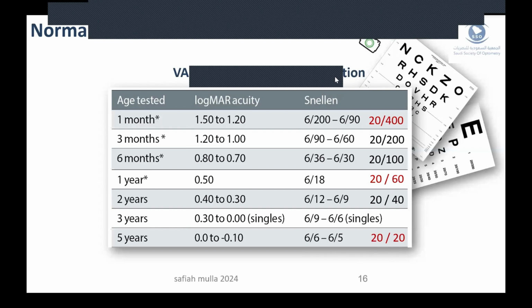So if a child 1 month old comes with visual acuity worse than 20/400, you know there is something wrong. And around 1 year, if they don't have the 20/60 level of visual acuity, then you know something is going on with the child, and you have to do examinations and find out what the problem is.